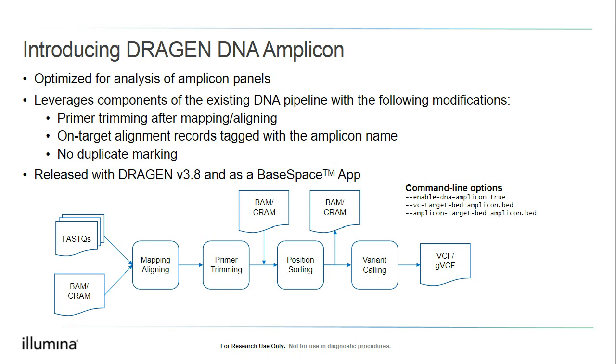This is really the on-target alignment records, which will then tag against the amplicon names. And also as part of the pipeline, we do not need to do any duplicate marking. So it's a small change, but it's very critical to the Amplicon pipeline that we have introduced between the mapping and the variant calling step, which is essentially this primer trimming option over here.